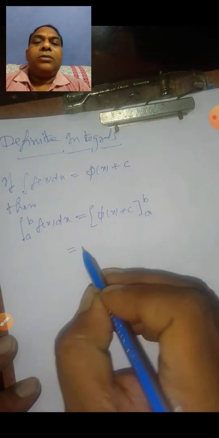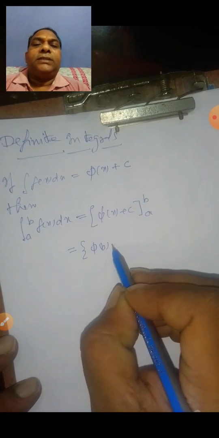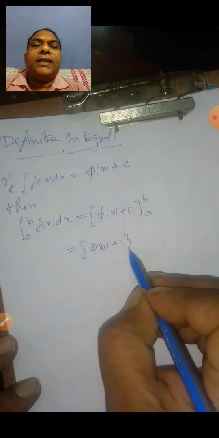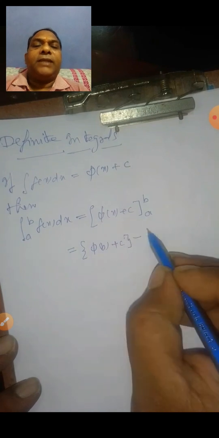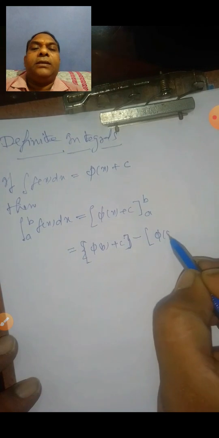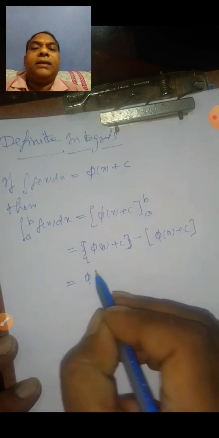Now upper limit minus lower limit means you have to put b in place of x, minus a in place of x, which will be phi(b) plus c minus phi(a) plus c.